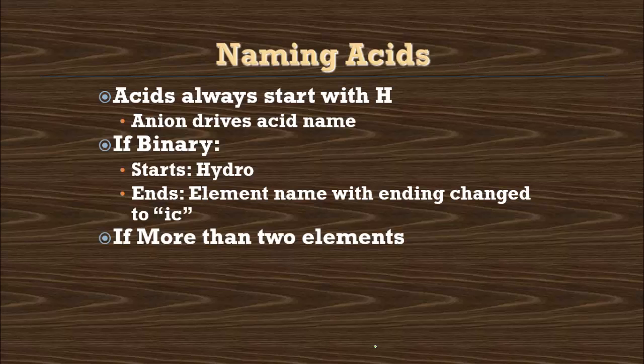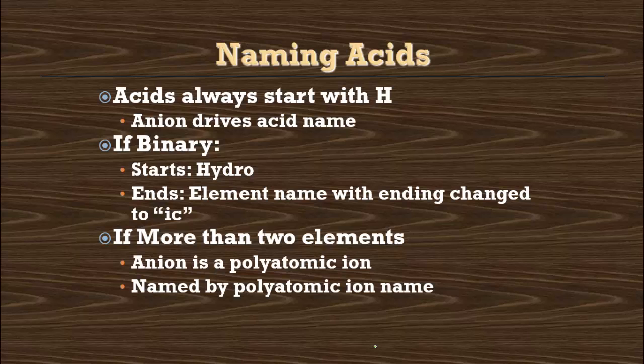If we have more than 2 elements, our anion is a polyatomic ion. Now we slowly introduced you to this in the last chapter. These are those structures that you drew that had the negative charge. So these are your polyatomic ions. They contain more than 1 element.